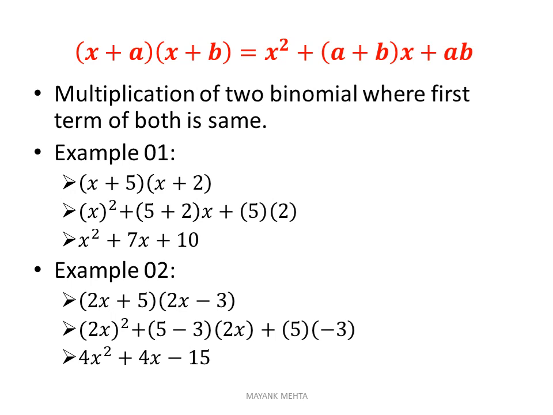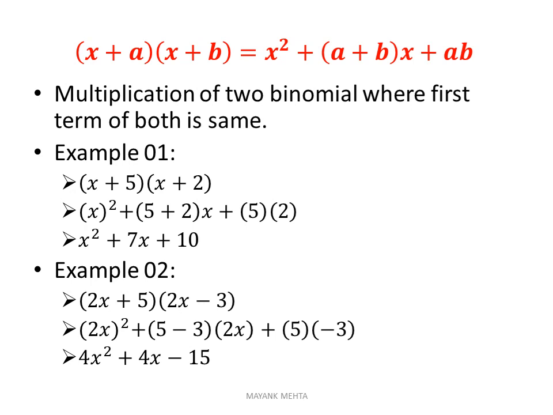So the square of the first term. Here our first term is 2x, not x. So you will need to square 2x. Then the sum of the two last terms. That means here 5 is there and minus 3 is there. If you sum them up, it will become 5 minus 3, multiplied by the first term.